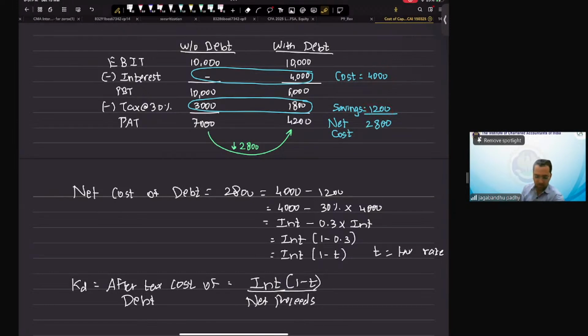Therefore, as compared to the company which is not having debt, the company which has got debt sees its profit reducing only by 2,800. So the net cost which you are bearing is ultimately 2,800 because your profit is reducing by that much. So what is the effect of you taking debt? The profit reduces by 2,800, right? So therefore we said 2,800 is my cost.